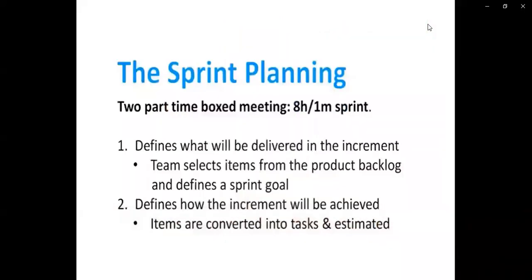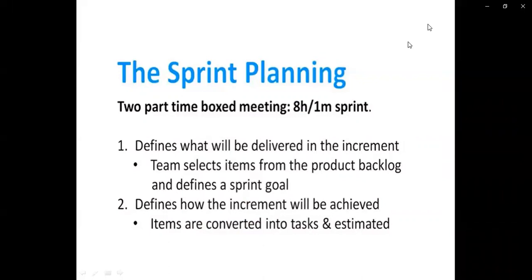Here I define two parts where we can consider the time-boxed meeting, where 8 hours is mentioned for how much time is required to execute that task. So 8 hours, which can be considered 1 month from the sprint point of view, is for planning the particular sprint. It defines what will be delivered in the increment.